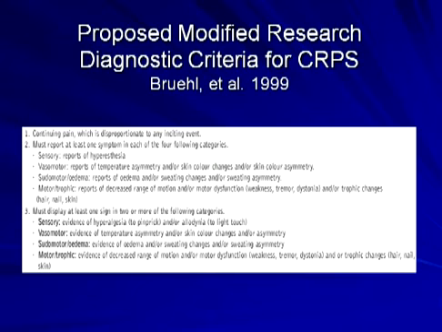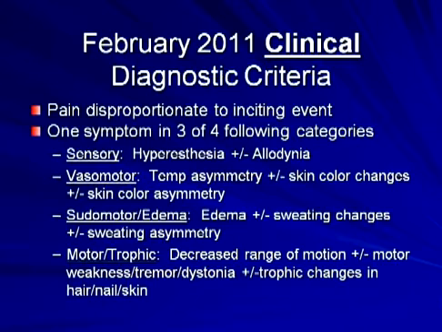And so this was a modification of the IASP criteria, research diagnostic criteria for CRPS. Again, I'm not going to read all of these, but all of these things had to be present in order for the diagnosis of CRPS. And notice you don't have CRPS 1 or CRPS 2 here. You just have CRPS, for all of anything in CRPS for research purposes to be made.